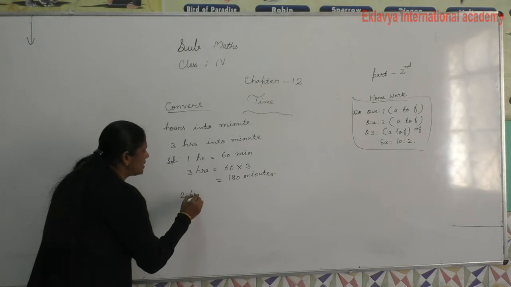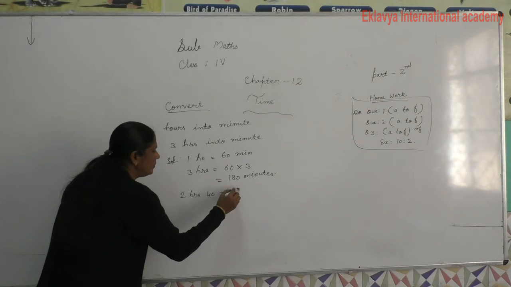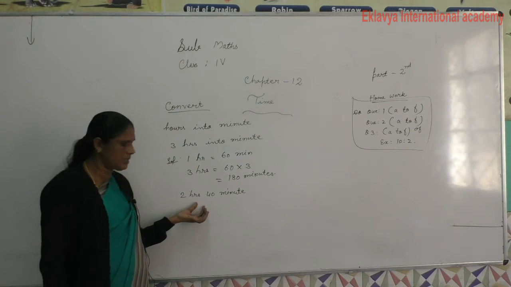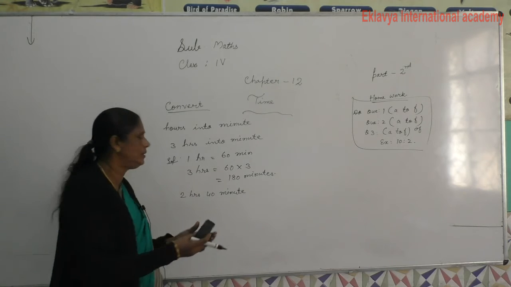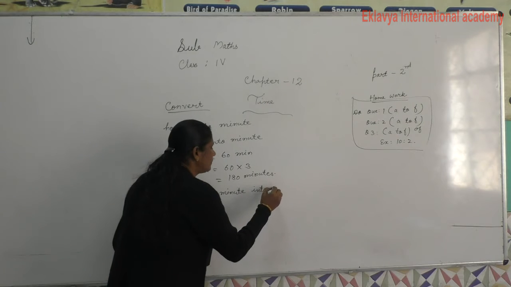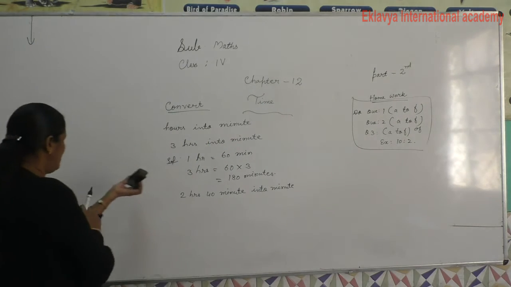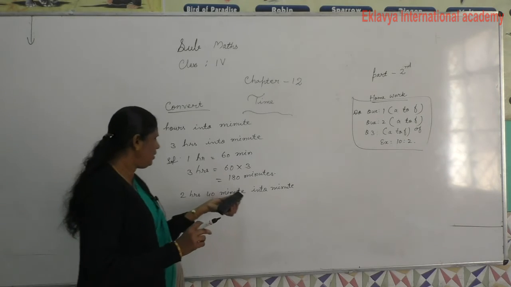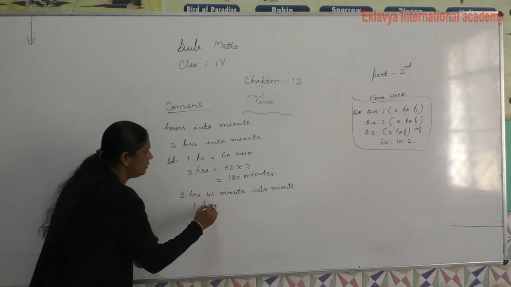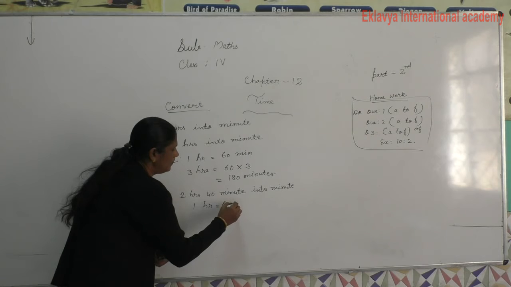Understand? Then next question: 2 hours 40 minutes into minutes. 1 hour is equal to how many minutes? 60 minutes.